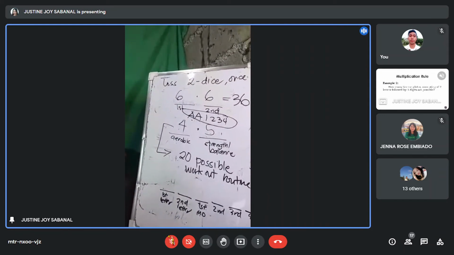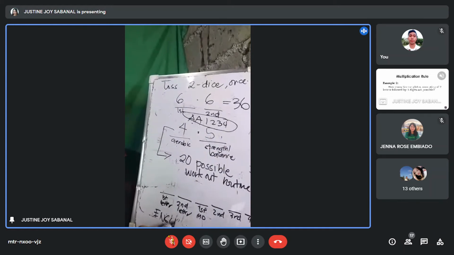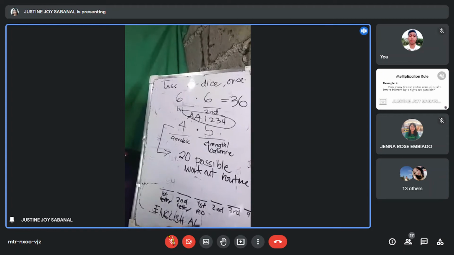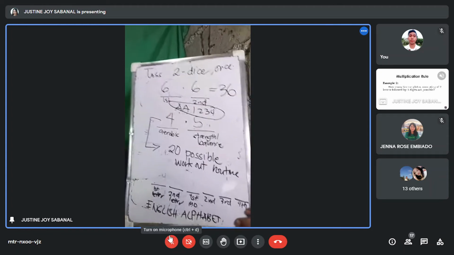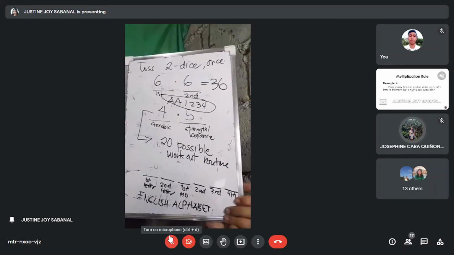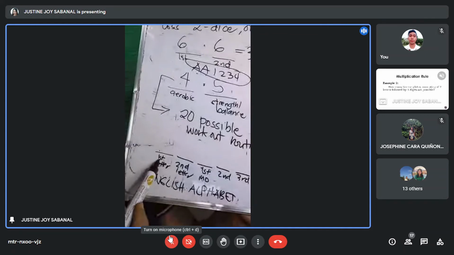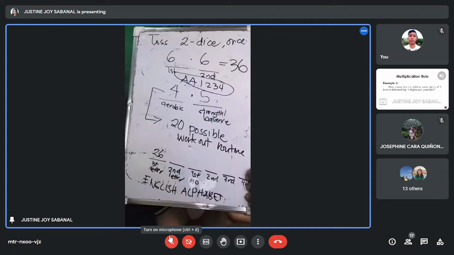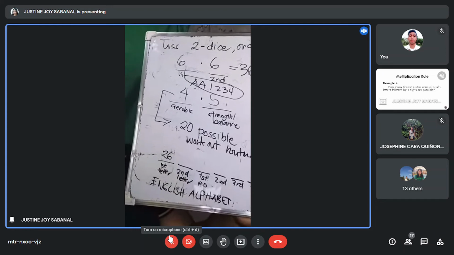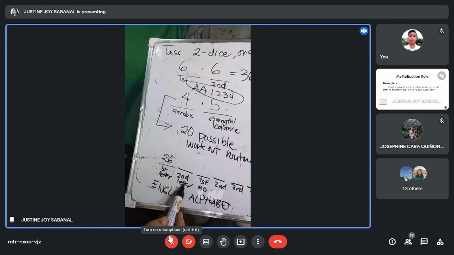So, take note lang, ang i-consider lang natin dito is the letters in the English alphabet. So, ilan ba yung letters sa English alphabet? 26. Okay. So, ibig sabihin nun, for the first position of the letter, you have 26 options po. So, pwedeng maulit yung letter. For example, ginamit na natin yung A, pwede mo pa siyang gamitin sa second letter.